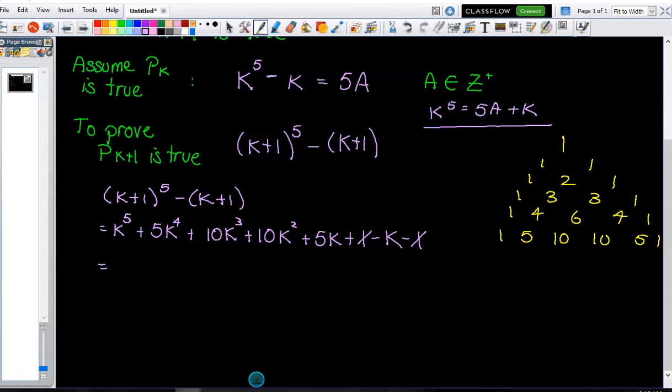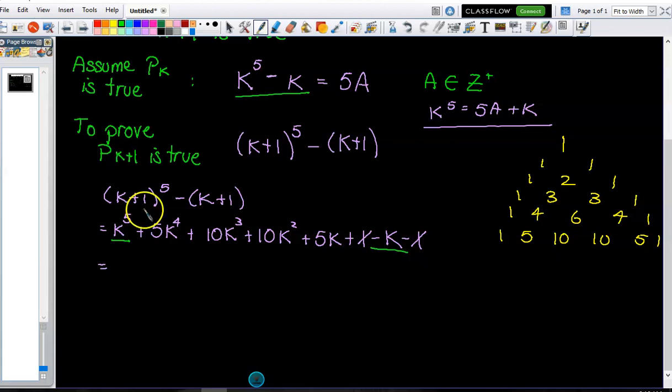Now, Kunal was saying too, you've either got the option, when you're looking at this, we've got that bit there that you can replace, or you can rearrange and replace. So if you notice, sometimes you've got the k to the 5 and you've got minus k there. So you can actually straight away sub that in as being 5a.